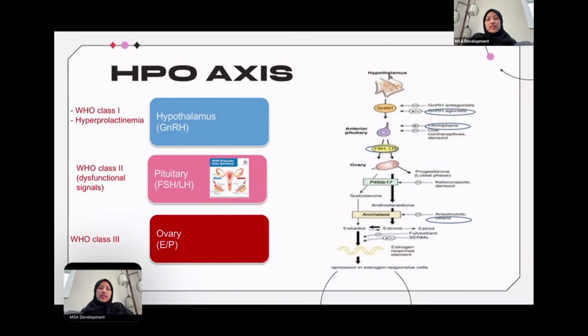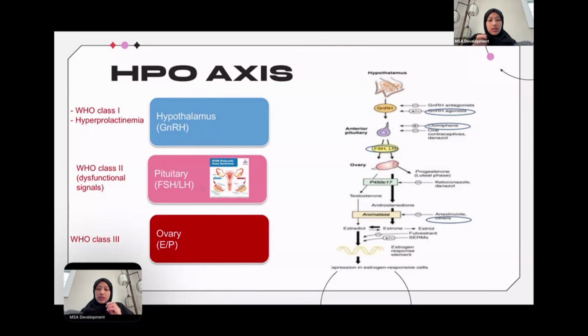So first let's start with the hypothalamus. It's the main center in our brain that secretes gonadotropin releasing hormone, which will then go to the anterior pituitary gland to release the gonadotropic hormones like FSH and LH, follicle stimulating hormone and luteinizing hormone.